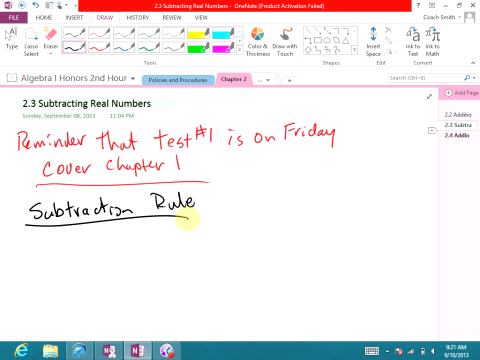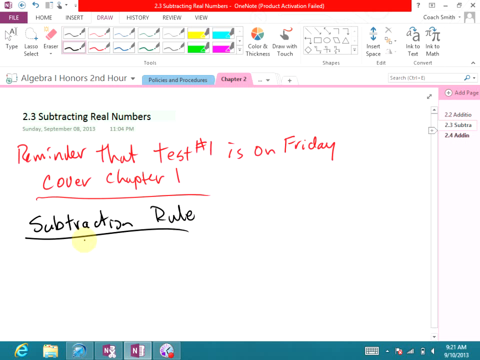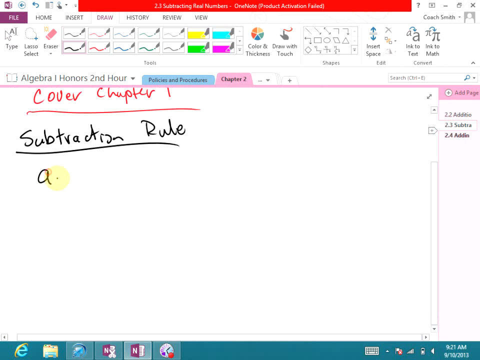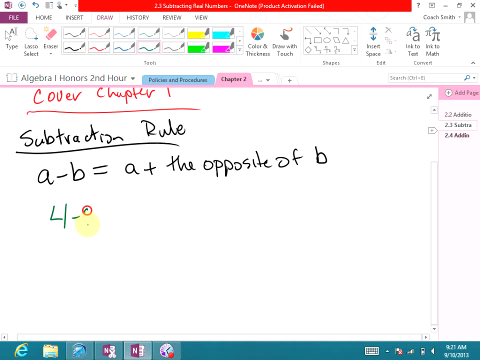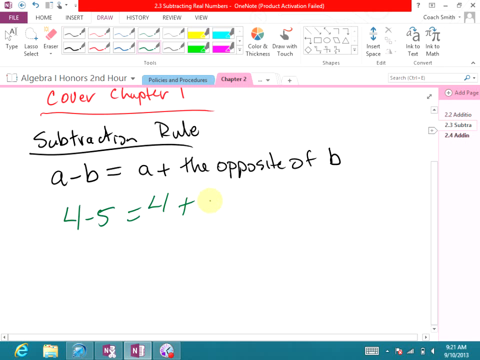The subtraction rule basically says A minus B is the same thing as A plus the opposite of B. What it's saying is, if I have 4 minus 5, that is equivalent to 4 plus the opposite of 5. Those two expressions are exactly the same.